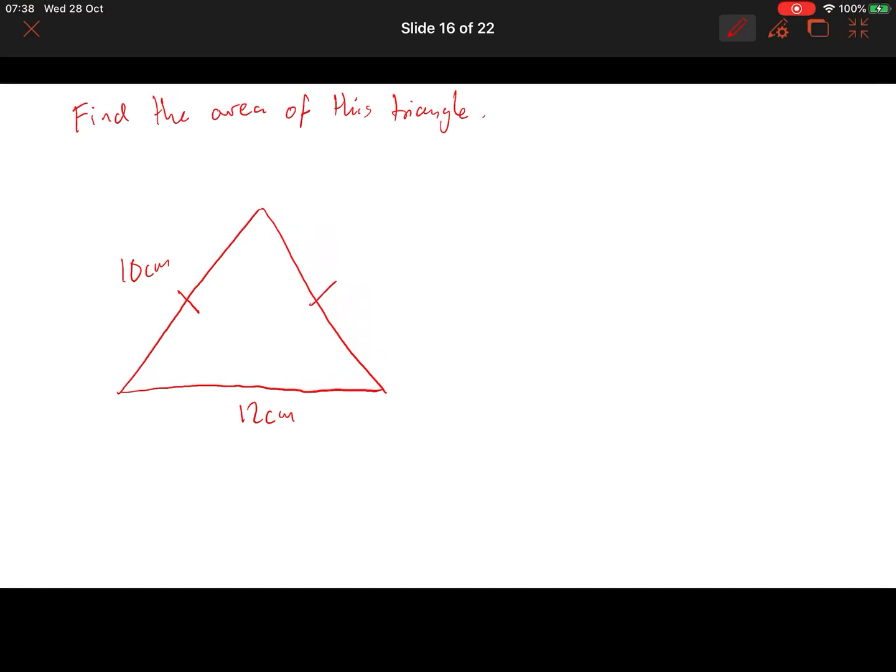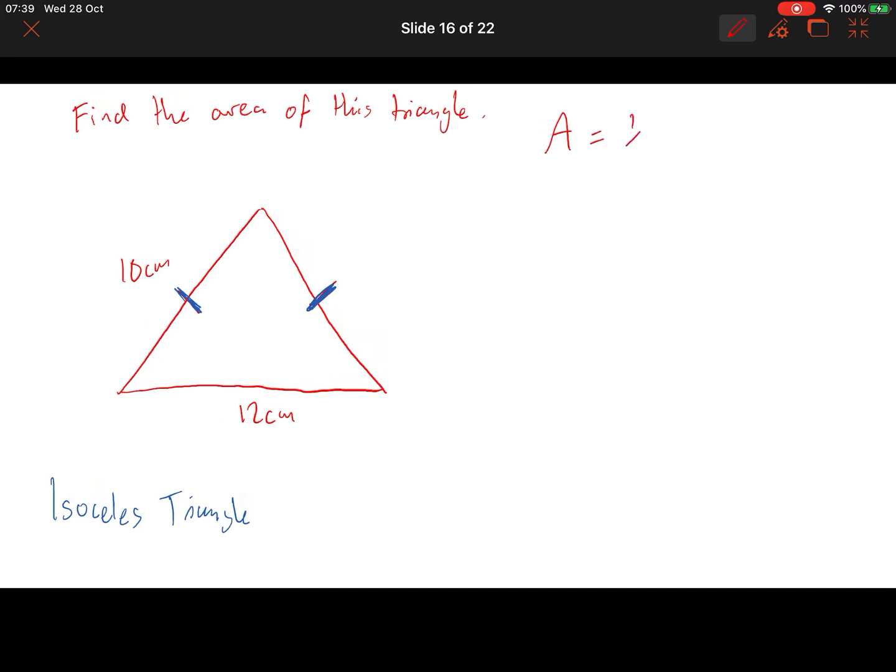Notice it's not a right-angled triangle. It's an isosceles triangle, because these little marks tell me that those two lengths are the same length. So Pythagoras' theorem doesn't apply directly here, but let's see what happens.